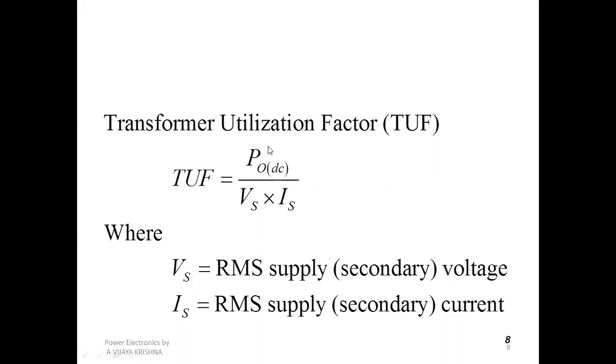Suppose the transformer secondary side is an AC voltage with a 110 volts rating, and this 110 volts is connected to the thyristor, and from the thyristor to the load resistor.